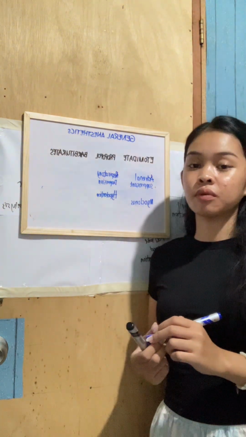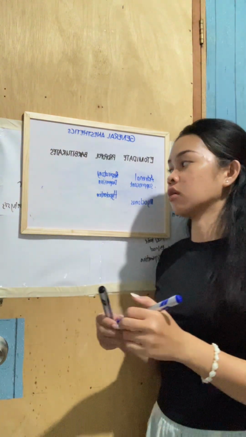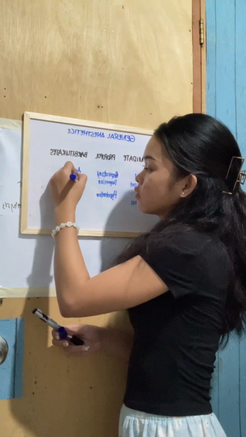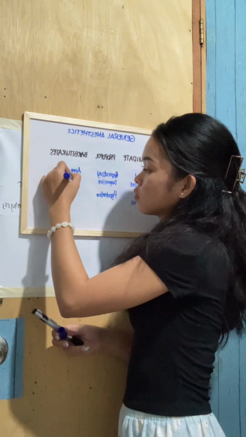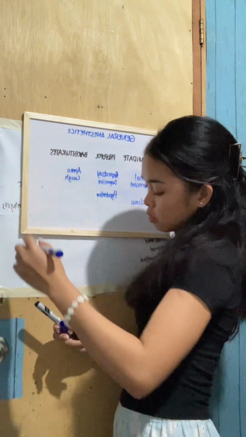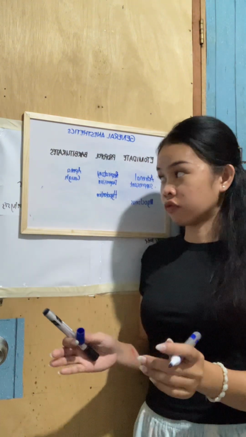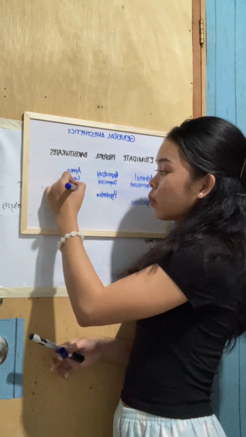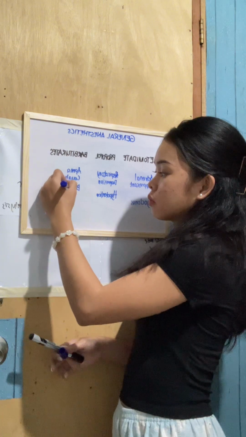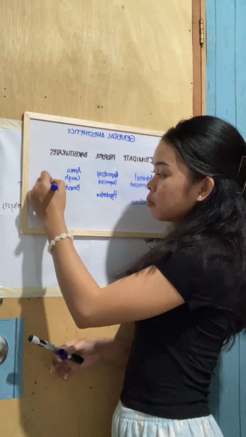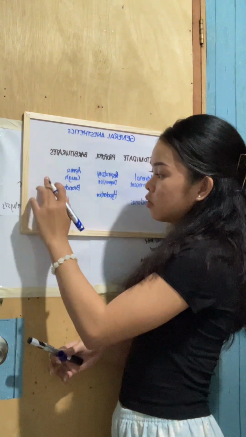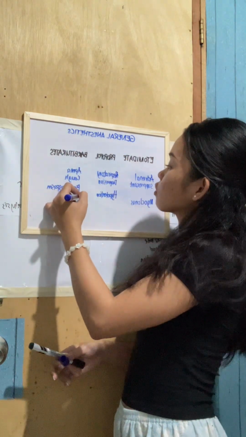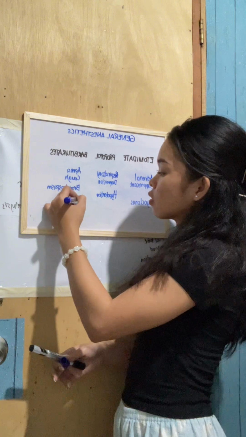Lastly, the barbiturates. Barbiturates can cause apnea, cough, and bronchospasm. And just like propofol, barbiturates also cause respiratory depression.